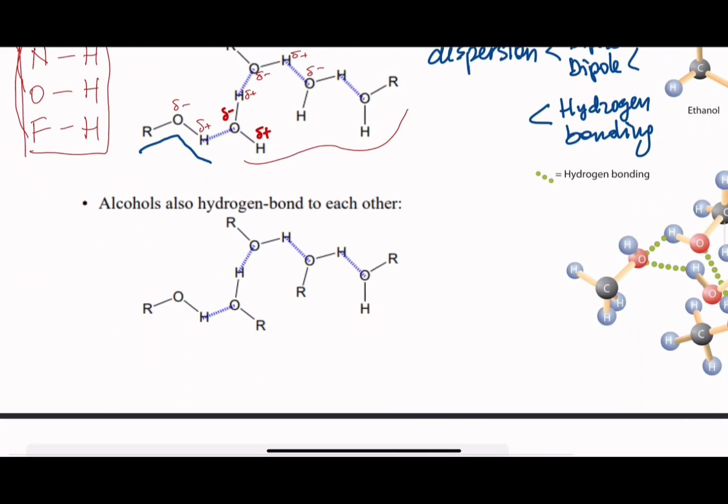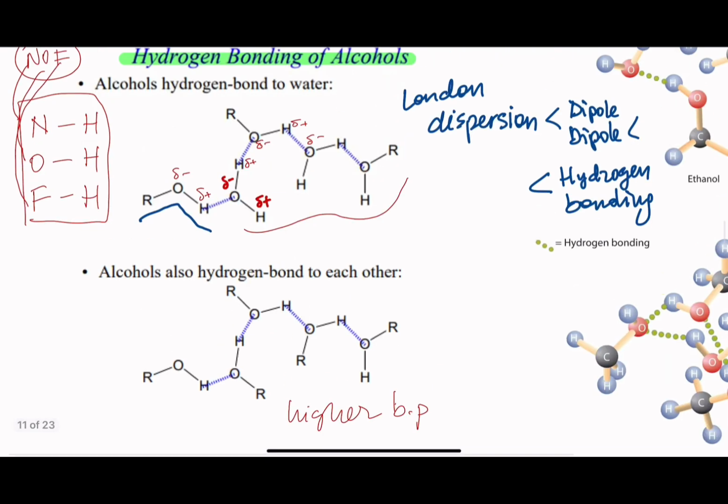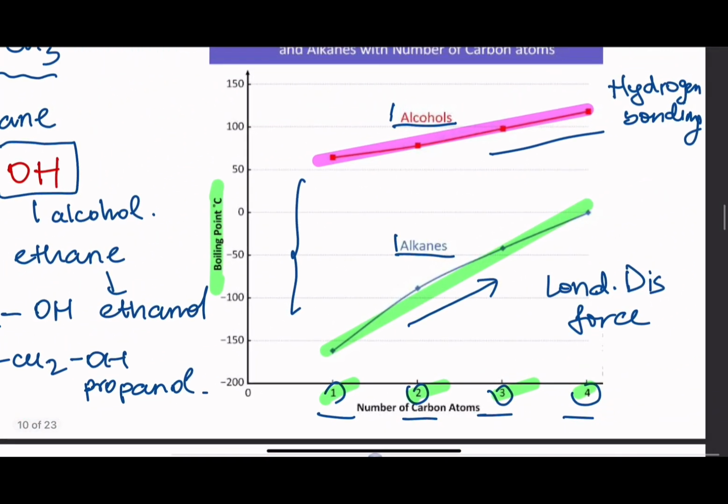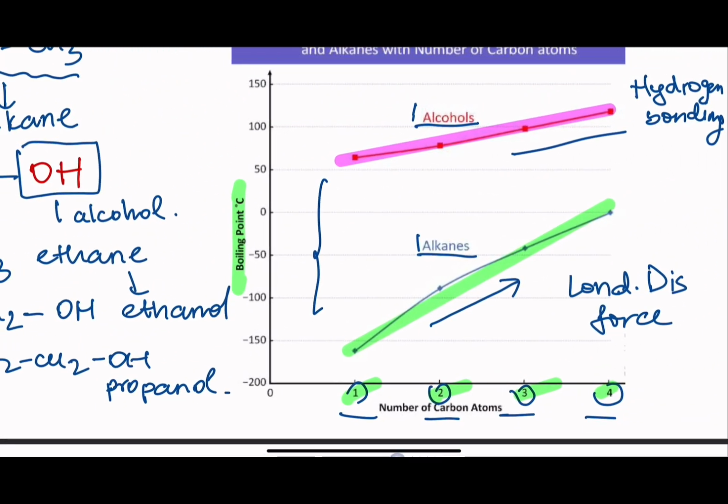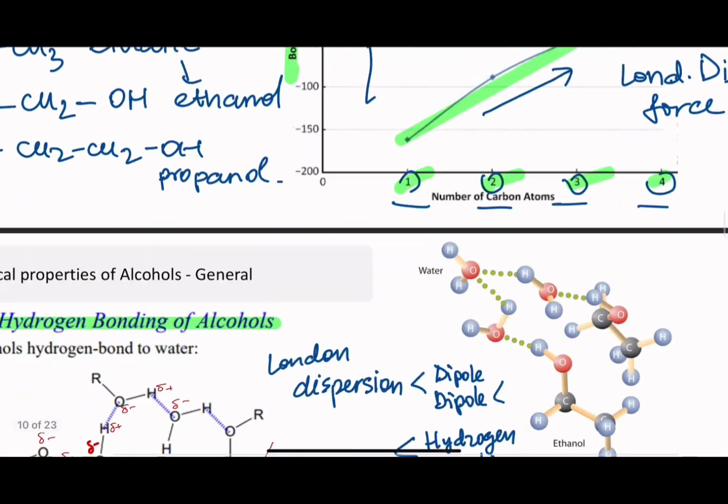And that's why they have a higher boiling point than alkanes. You see these ones? Alcohols, as their carbon number increases, have way higher boiling points than alkanes.